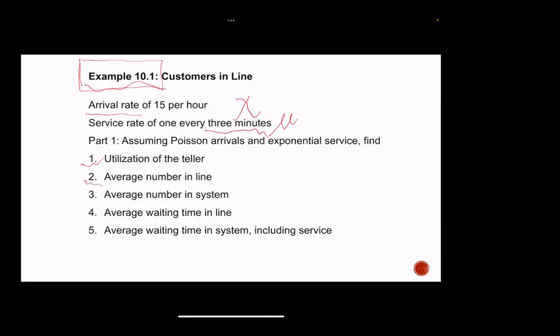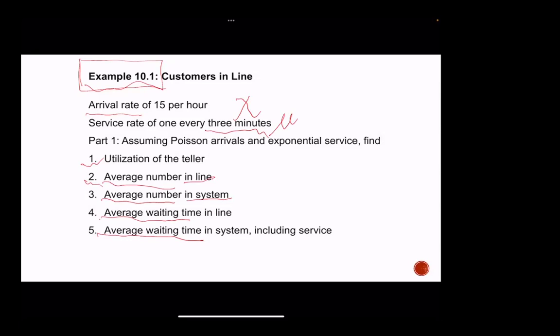The second question is the average number in line, question 3 asks the average number in system, question 4 the average waiting time in line, and question 5 the average waiting time in system. This is all we need to go over.